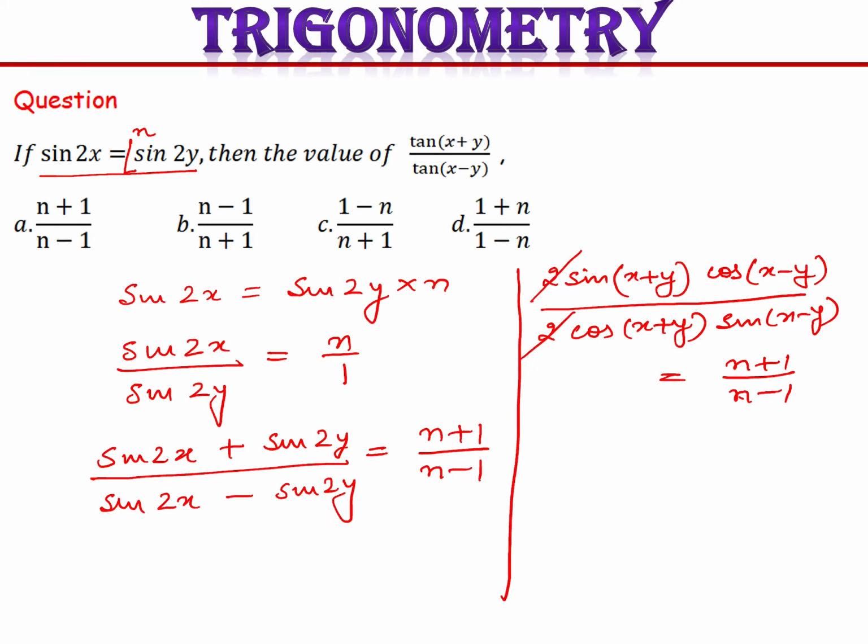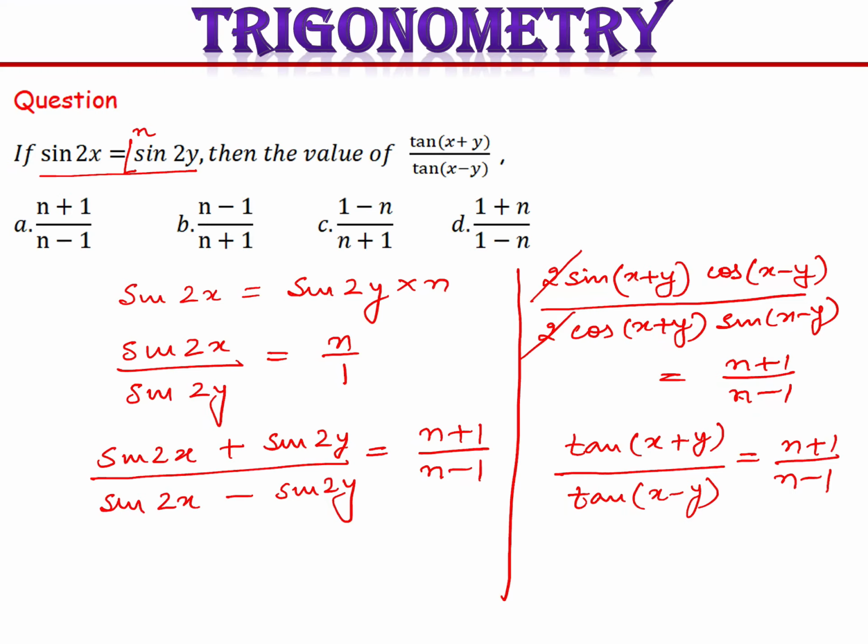Now 2 gets cancelled, and sin (x plus y) upon cos (x plus y) can be written as tan (x plus y). Similarly, the other can be written as tan (x minus y) in the denominator. So I get n plus 1 upon n minus 1.